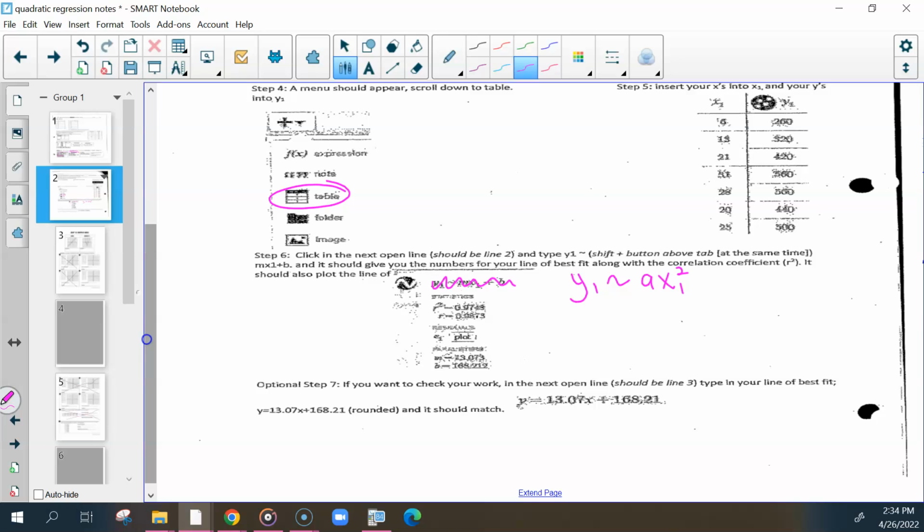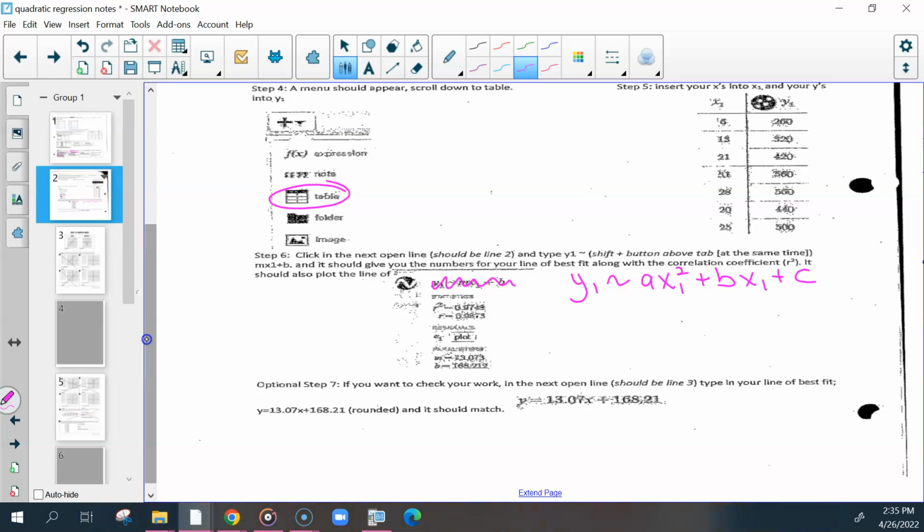It should give you the ability to write both of those numbers in, plus bx1 plus c. So basically it's going to look like the equation of a quadratic, just like the line of best fit looked like the equation of a line, but you're going to have different things in there.